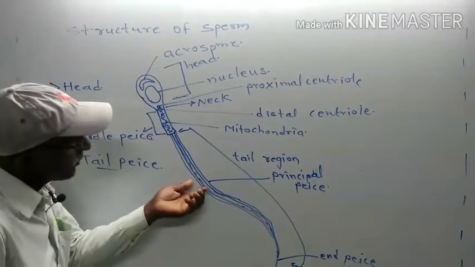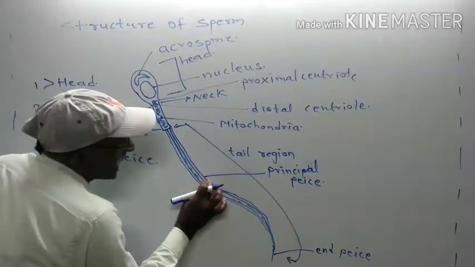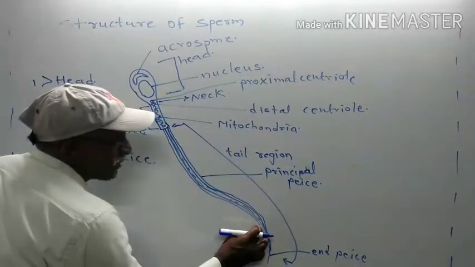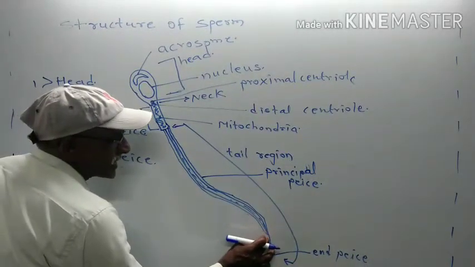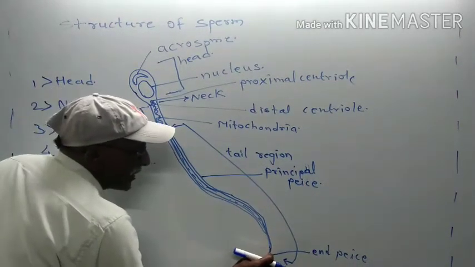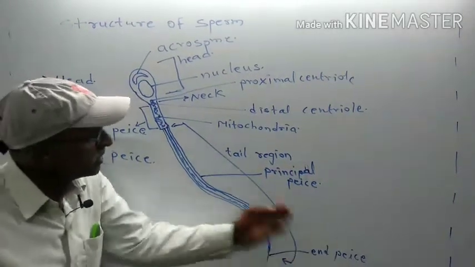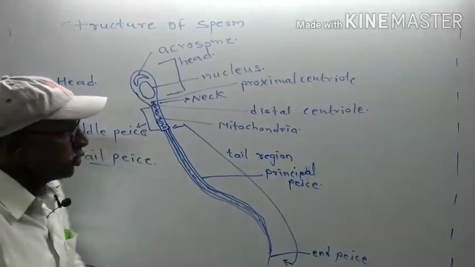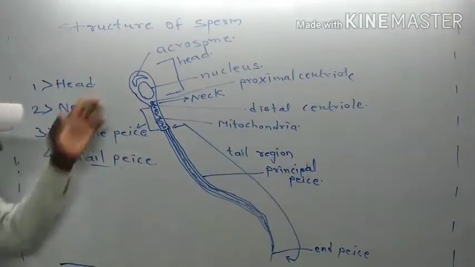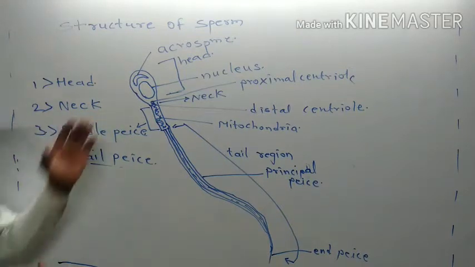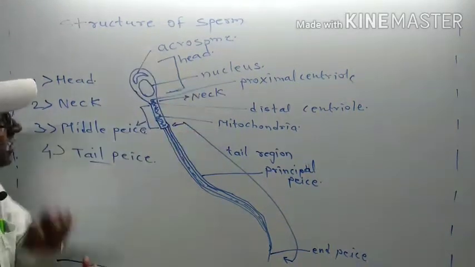Here we can see that the plasma membrane is present on both sides, and this plasma membrane tapers down, and at the end piece there is no covering of plasma membrane. So the tail region is divided into two parts. Such is the structure of sperm. Now we will see one by one.